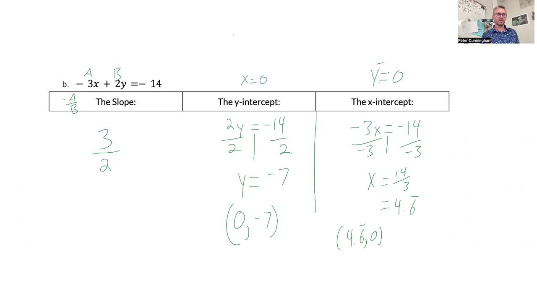Slope of 3 over 2. So in standard form, again, you might be wondering why to do this. So if we put this in slope-intercept form, we got the 3x over to this side. We would have 2y equals 3x.